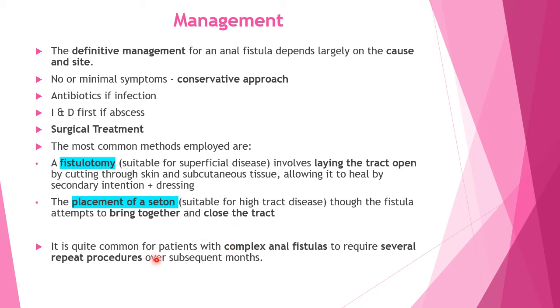It is quite common for patients with complex anal fistulas to require several repeated procedures over subsequent months. Let's understand that fistula is a chronic problem with a notoriously high incidence of recurrence.